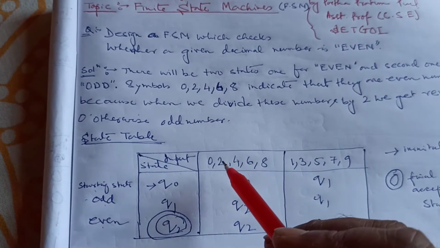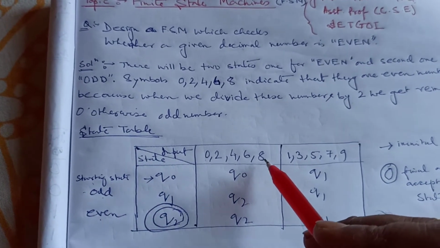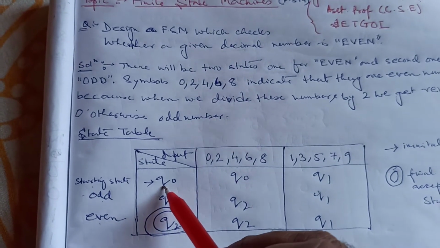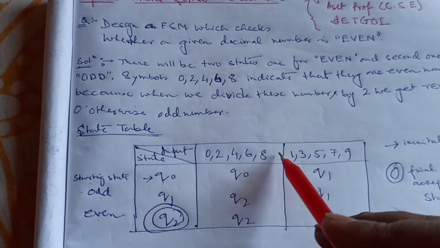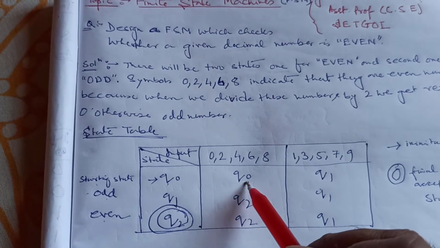Now suppose you are getting 0, 2, 4, 6 or 8 as input, what will be the state transition? Suppose you are in state Q0 and you get these as input, then the transition will be Q0 to Q0.